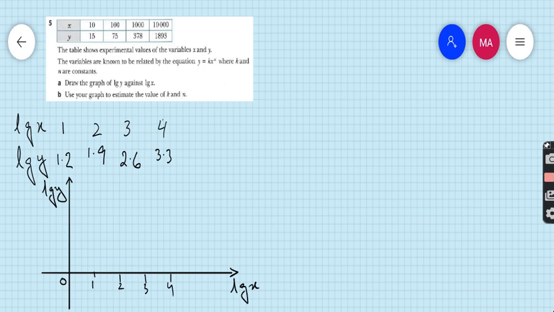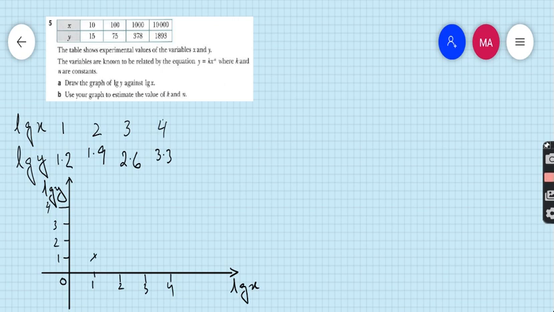Now on the y axis the maximum value is 2.6, so I am scaling accordingly. When x is 1, y is 1.2.